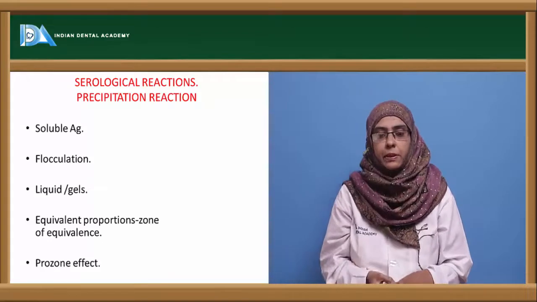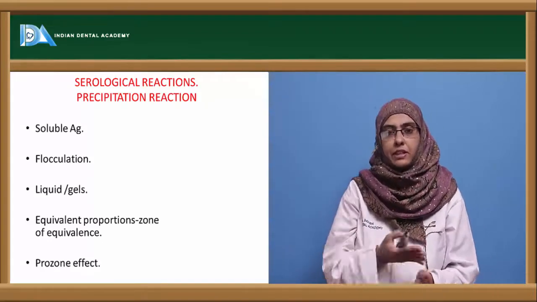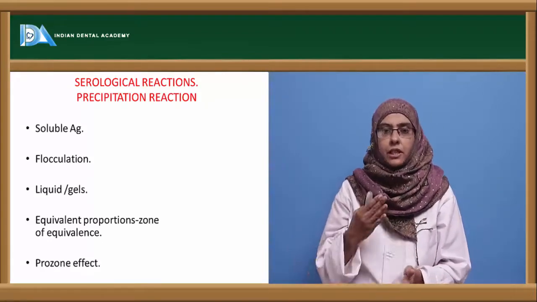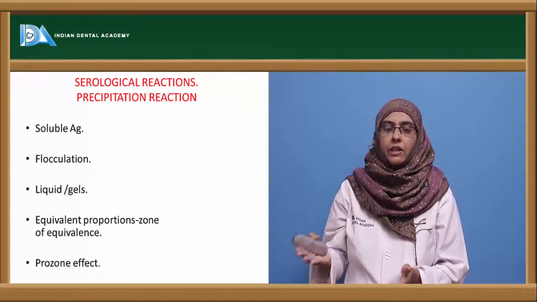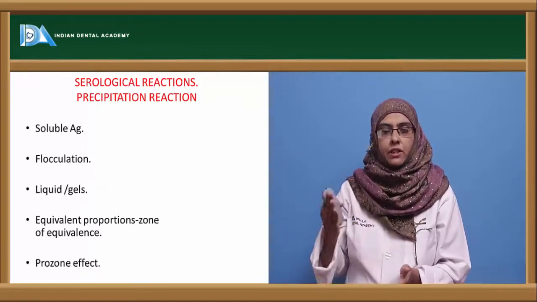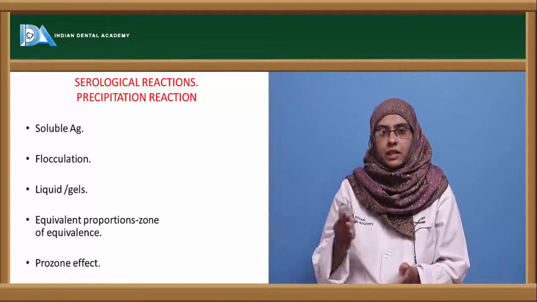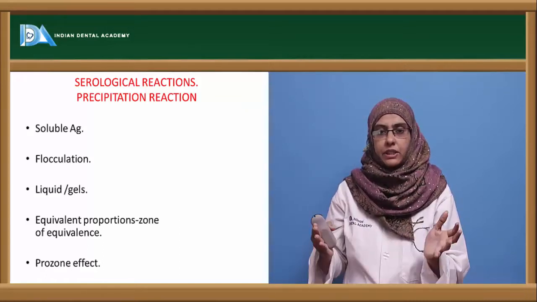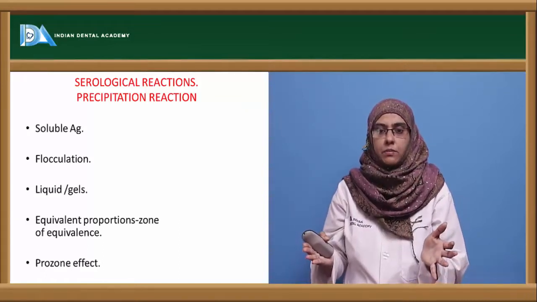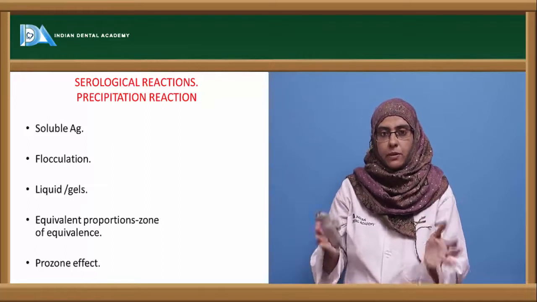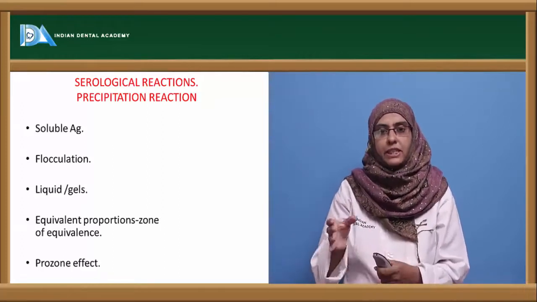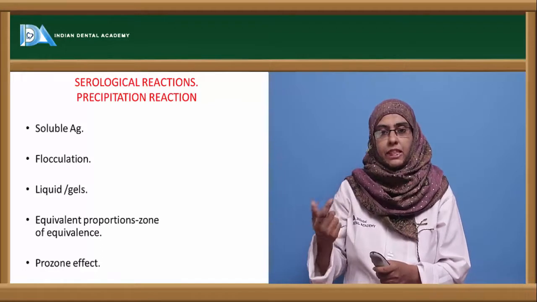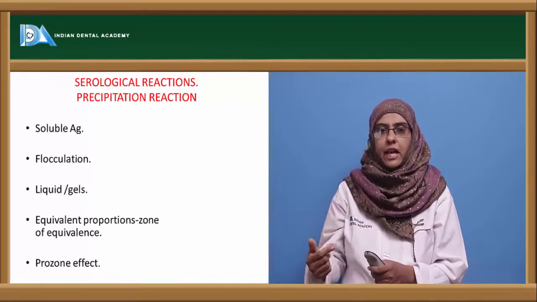This was very well explained with the help of an experiment where a series of test tubes were used in which a fixed amount of antibody was added. To this, an increasing concentration of antigen was added, and the test tubes were observed for the formation of a precipitate. The precipitate was mostly seen in the middle test tube, where there was an equivalent proportion of antigen and antibody.